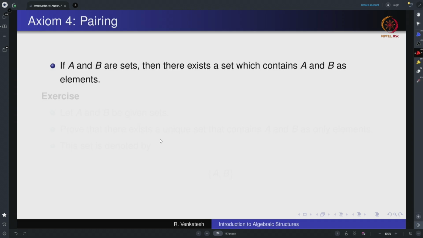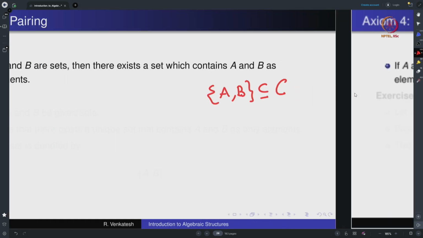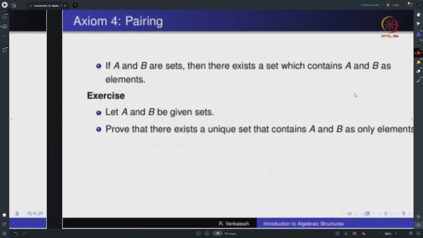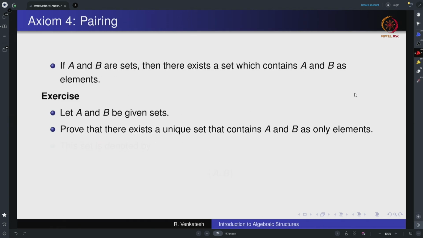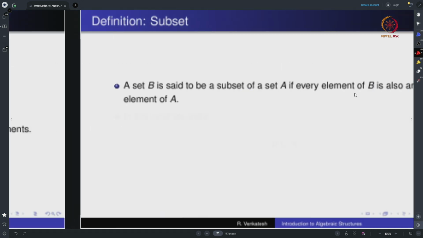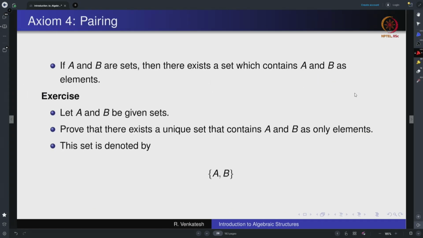Basically, given sets A and B, you can consider a new set consisting of elements A and B, and that is indeed part of some set C. So, there exists a set C such that A and B become elements of this new set C. You can take it as an exercise and prove that given two sets A and B, there exists a unique set that contains A and B as its only elements, which is usually denoted by the set {A, B}.